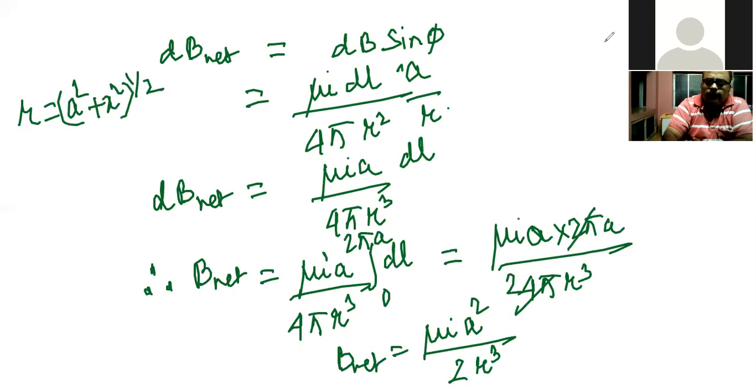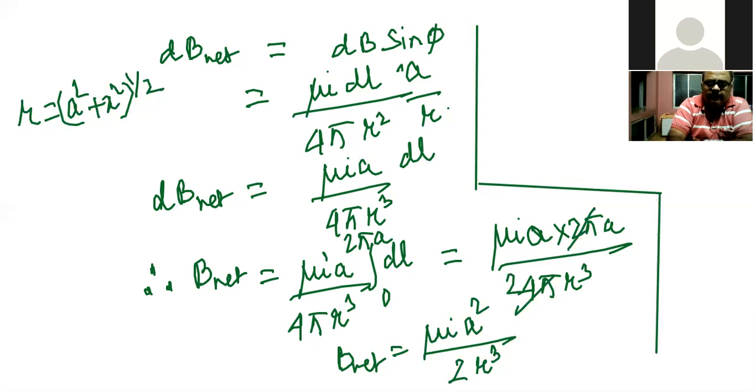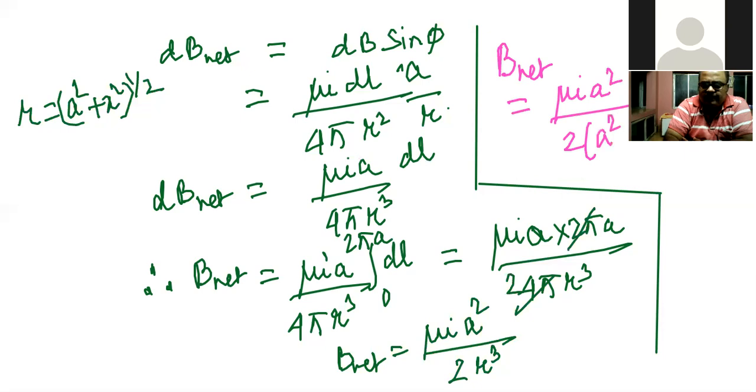So B net, the net magnetic field, will be equal to mu I a square by 2 r cube, meaning a square plus x square whole to the power 3 by 2.